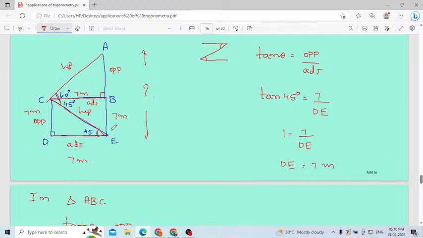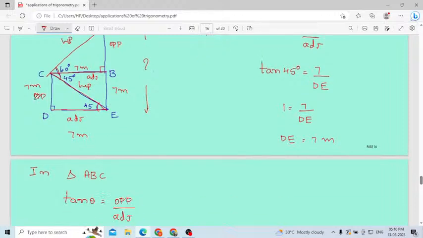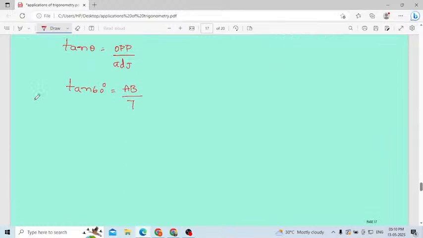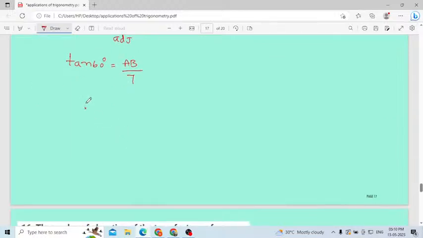Then tan 60 degrees is equal to root 3. Then AB divided by 7. Then AB will be 7 root 3. The full length of the tower will be equal to AB plus BE.